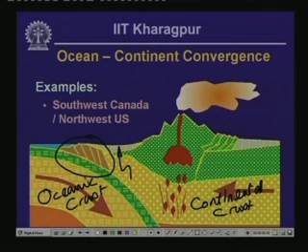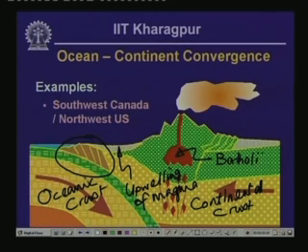Near the margins of the continental crust, the cracks within the continental crust typically lead to the upwelling of magma as indicated here. So this one is upwelling of magma, and this one here is a batholith, as you might recall from earlier.